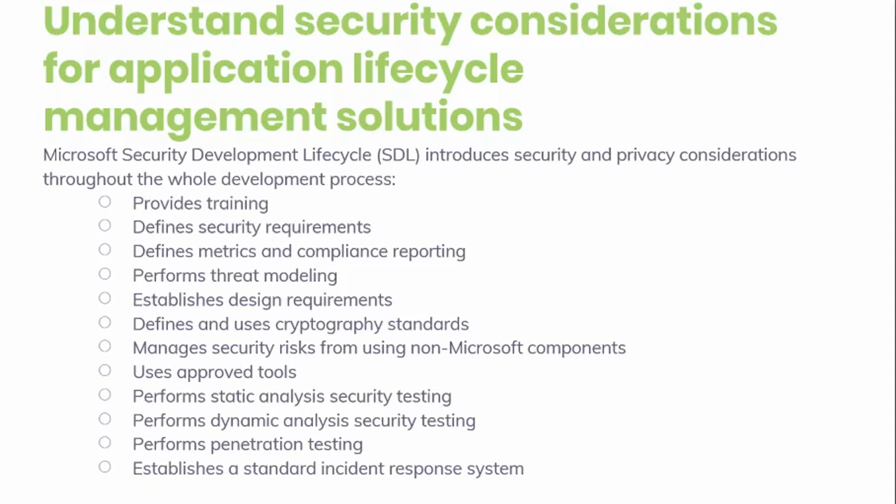Managing security risk from using third-party components. The vast majority of software projects today are built using third-party components. When selecting which third-party component to use, it's important to understand the impact that a security vulnerability in them could have to the security of the larger system into which they are integrated.